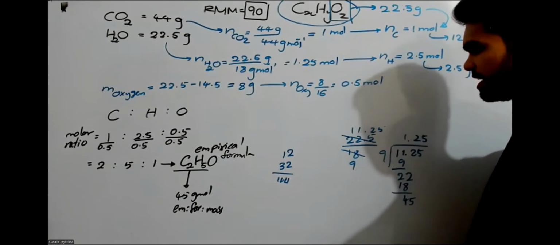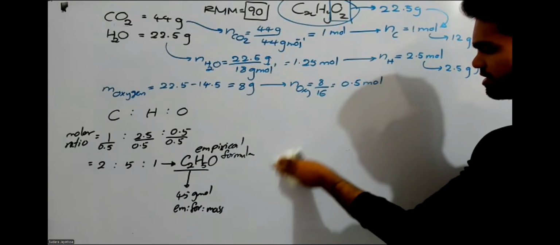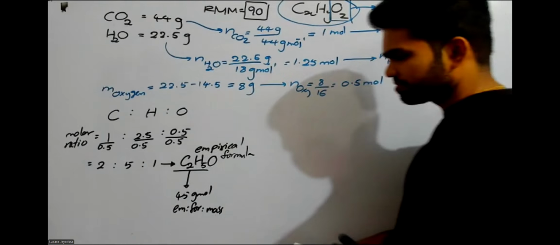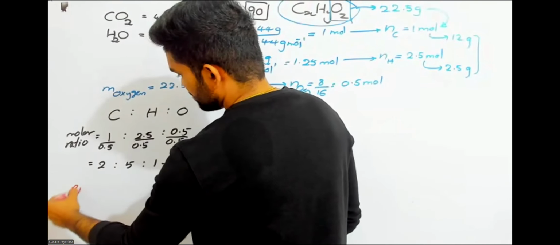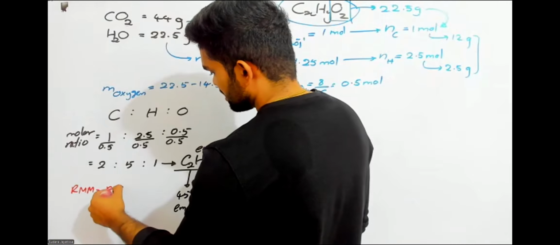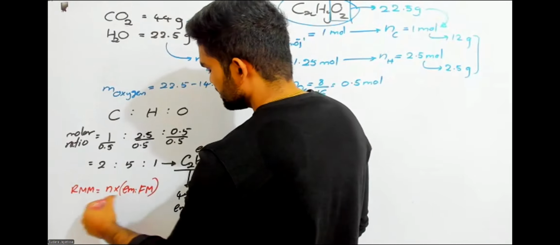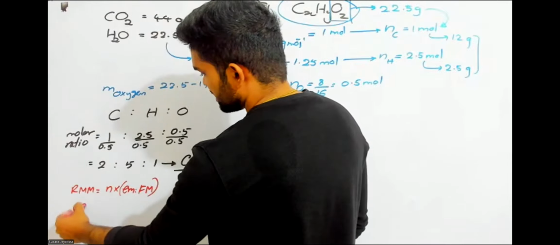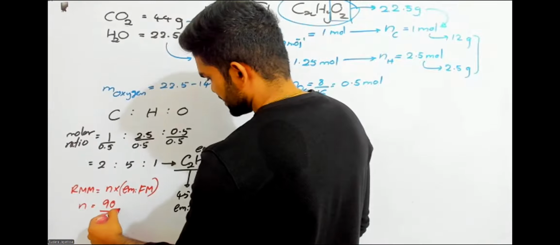So find the molecular formula using this equation that you have seen. Remember, relative molecular mass is equal to n times the empirical formula mass. Now you know the empirical formula mass, therefore you can find n. 90 divided by 45, which is 2.